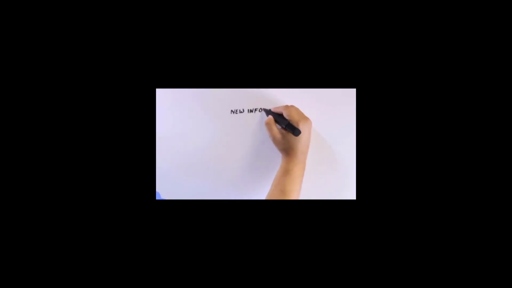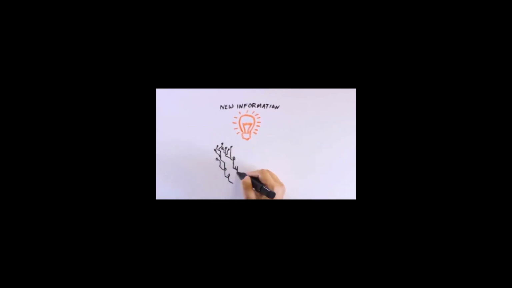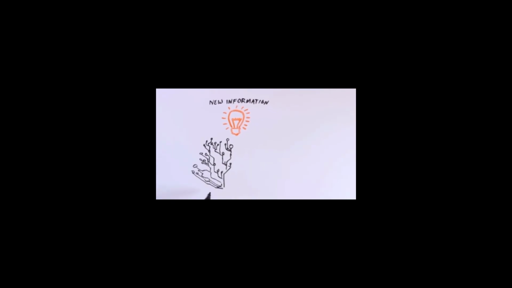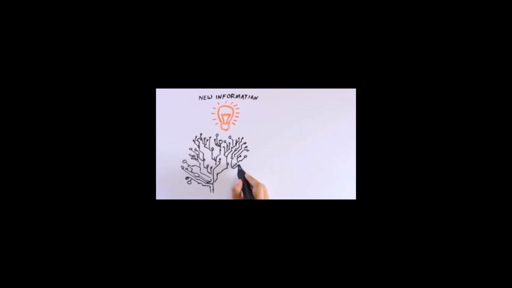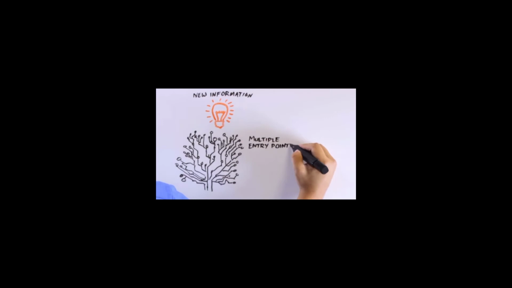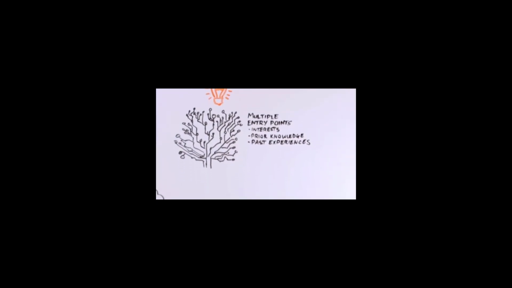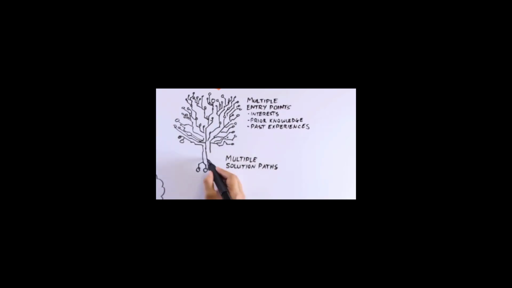Therefore, when introducing new information, teachers must provide students with multiple entry points to the learning. This means drawing upon students' interests, prior knowledge, and past experiences. Then, students often need multiple solution paths to connect with the new learning.